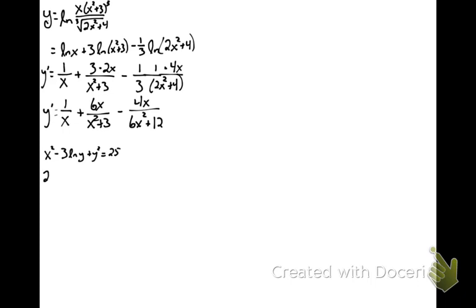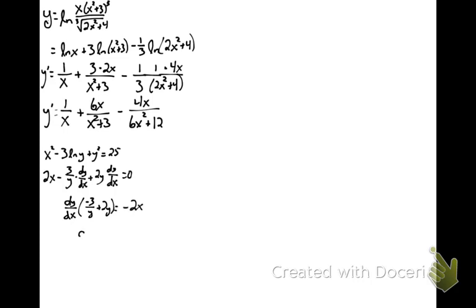So we've got 2x minus 3 over y times dy/dx plus 2y dy/dx equals 0. Solving for dy/dx, I'll have dy/dx times negative 3 over y plus 2y equals negative 2x.